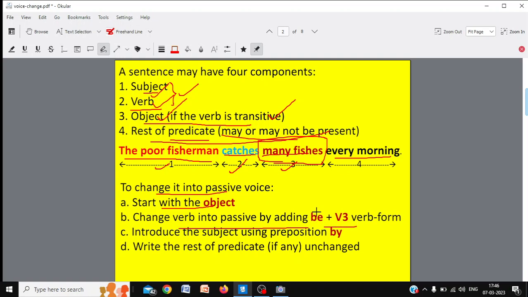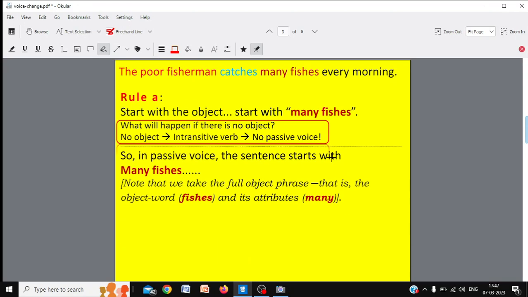As you know, be verb means be, being, been, am, is, are, was, and were. Then introduce the subject using the preposition by, so by the poor fisherman, and write the rest of the predicate, that is every morning. This part you will write unchanged. So let us see one by one.